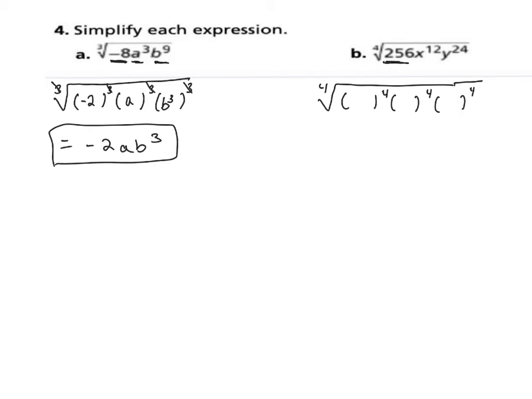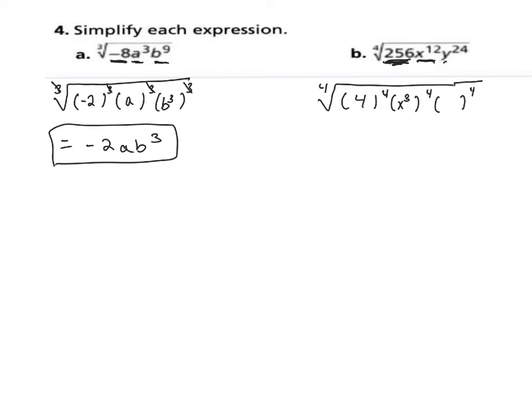All right, now we're doing the 4th power. What to the 4th power gives us 256? If you don't know this, you can Google what's the 4th root of 256. Right. It is 4, because 4 to the 4th power gives us 256. And then x to the 3rd power will give us x to the 12th, because 3 times 4 gives you 12.